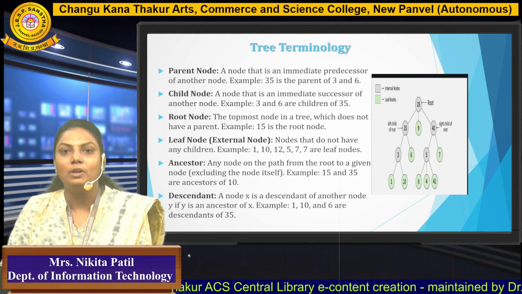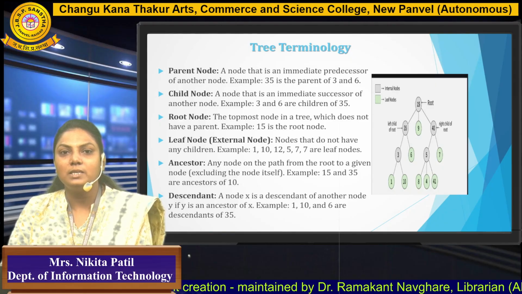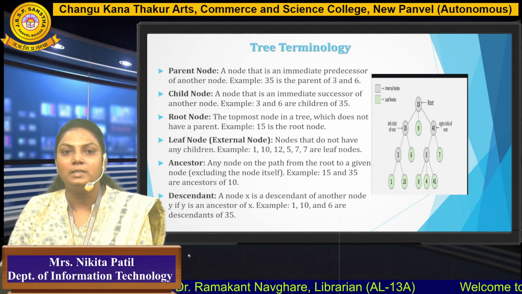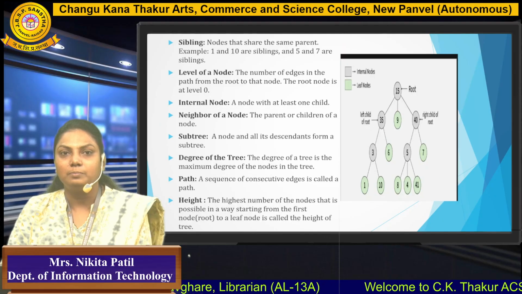For example, 15 and 35 are the ancestors of node 10. Now next is descendant. A node x is a descendant of another node y if y is an ancestor of x. For example, 1, 10 and 6 are the descendants of 35 in the given diagram.